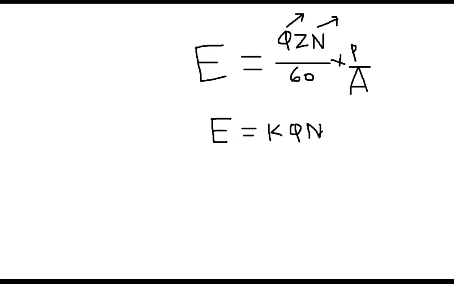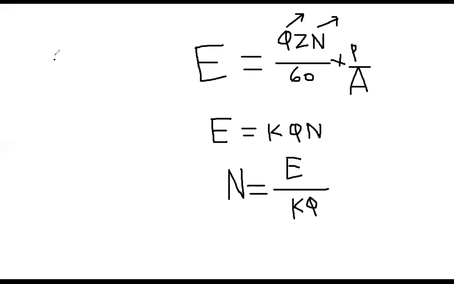Because N is the speed, you can write down speed N equals E over K phi. So that is your speed equation. Now, why did I write down that equation? Because we are discussing speed control of DC motor. This phi is the field flux, and that field flux is dependent on the current.